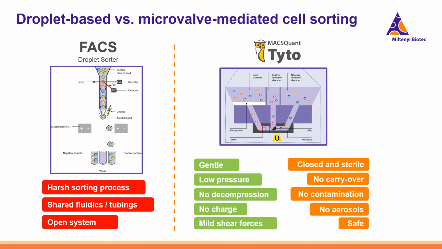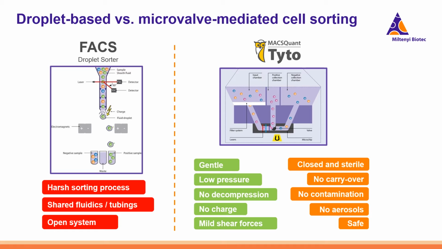In contrast, when comparing our Tyto sorting principle with conventional droplet cell sorters, there are clear differences. Tyto is a gentle cell sorter, and cells enter the microchannel under extremely low pressure. Cells do not get decompressed, and no charge is applied on the cells during sorting.